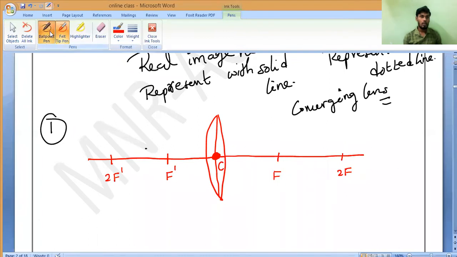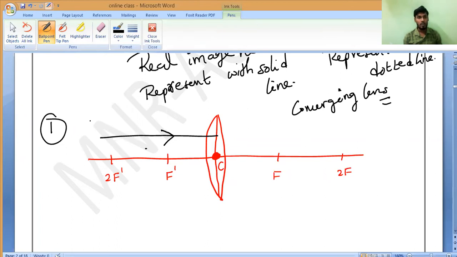Now, rule number 1 is: if you send an incident ray which is parallel to the principal axis, all of you should remember, parallel to the principal axis. Here, till here, everybody must draw a parallel line, till the middle of the lens. Only later will refraction take place.